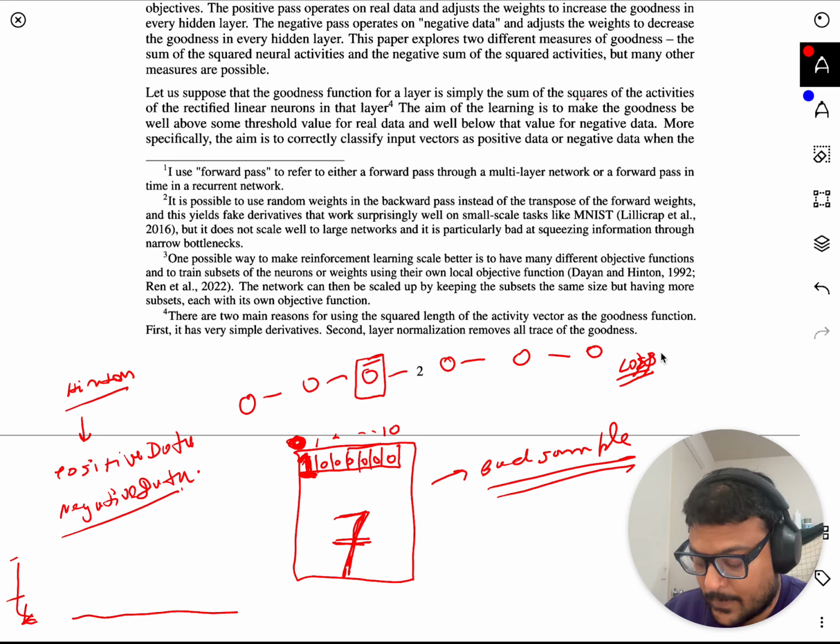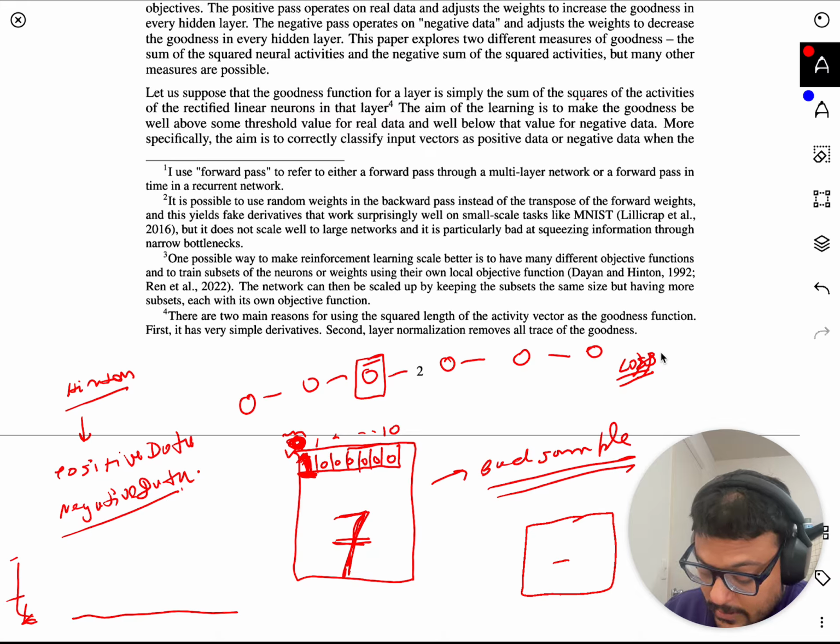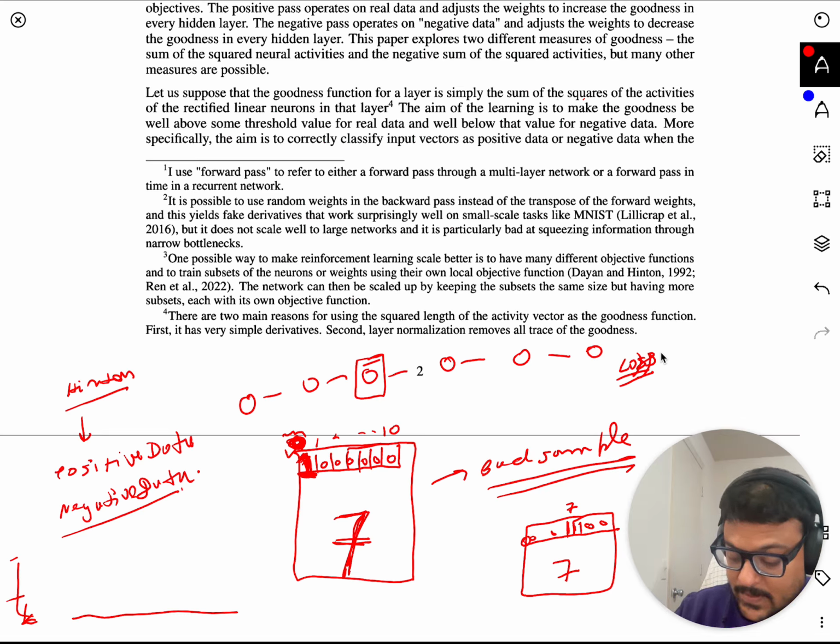And when will it be a good sample? The network will treat it as a good sample if you set the pixel corresponding to class 7 to 1 and all the other pixels to 0. So now this is a good sample.